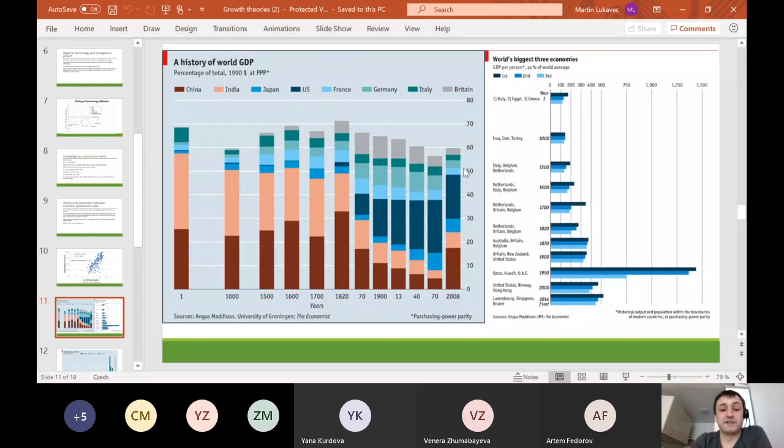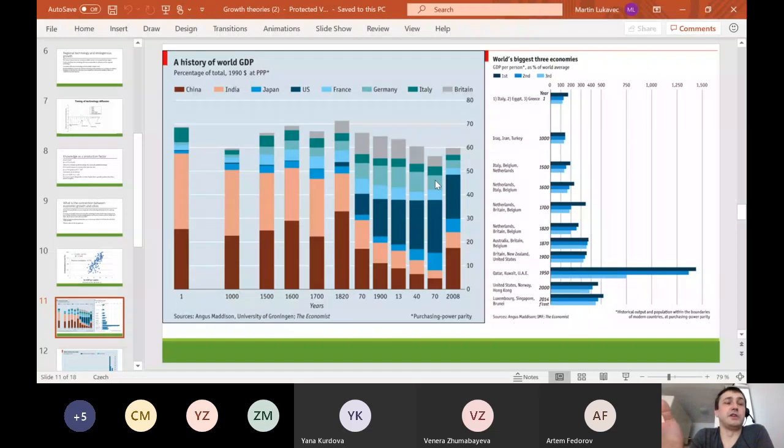What I want you to see is that, historically, the fact that rich countries are rich is a very new thing, basically since the 1820s, when the Industrial Revolution changed everything. The reason is that at the time we didn't have much diffusion of technology.